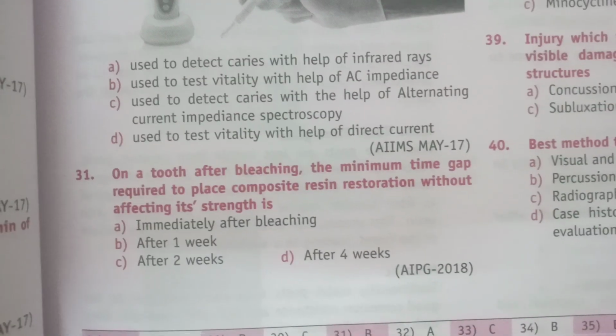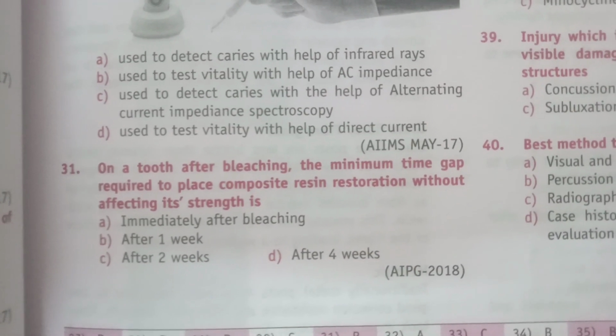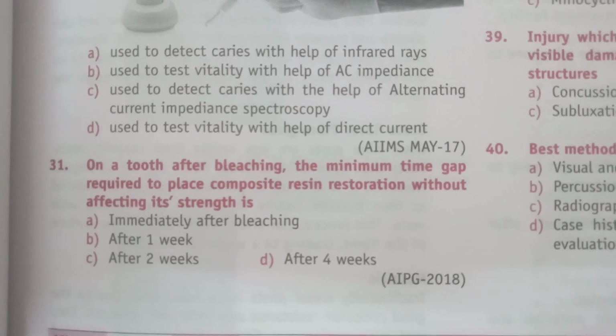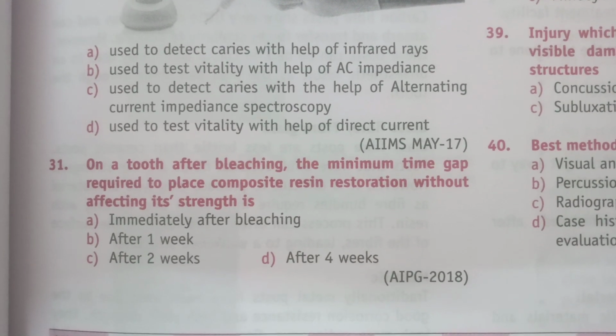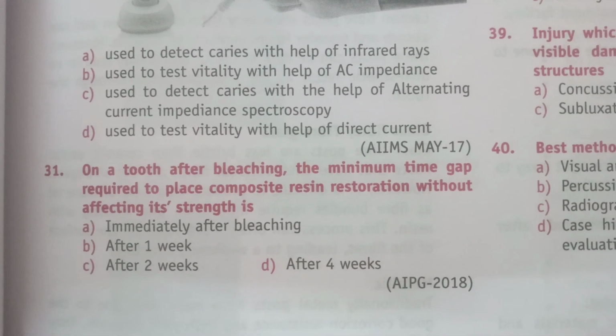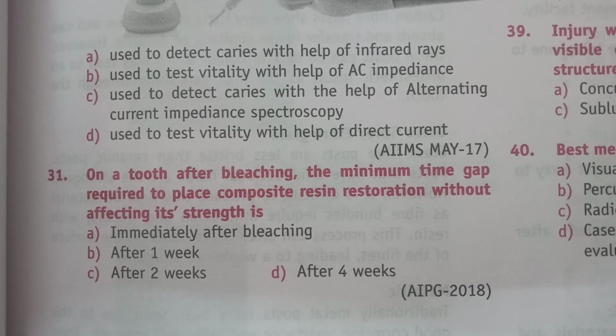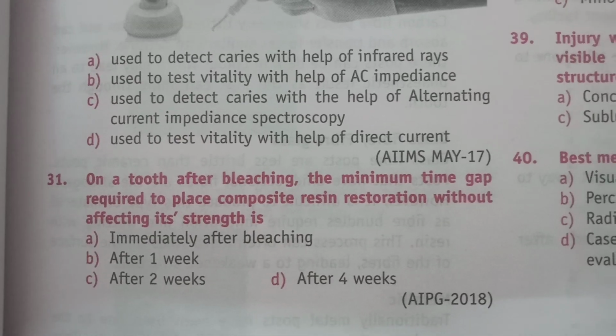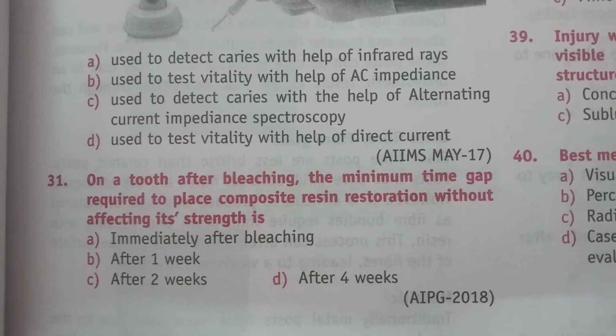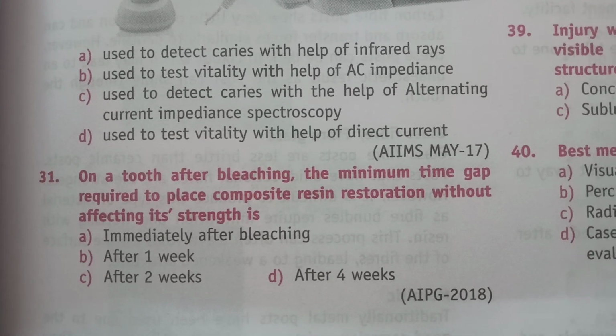Now the next question. On a tooth after bleaching, what is the minimum time gap required to place a composite resin restoration without affecting its strength? Immediately after bleaching, after 1 week, after 2 weeks, after 4 weeks. Answer is B, after 1 week.